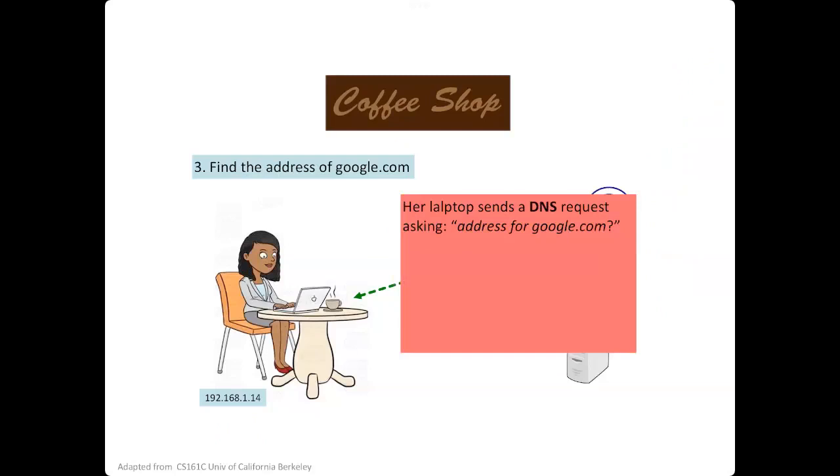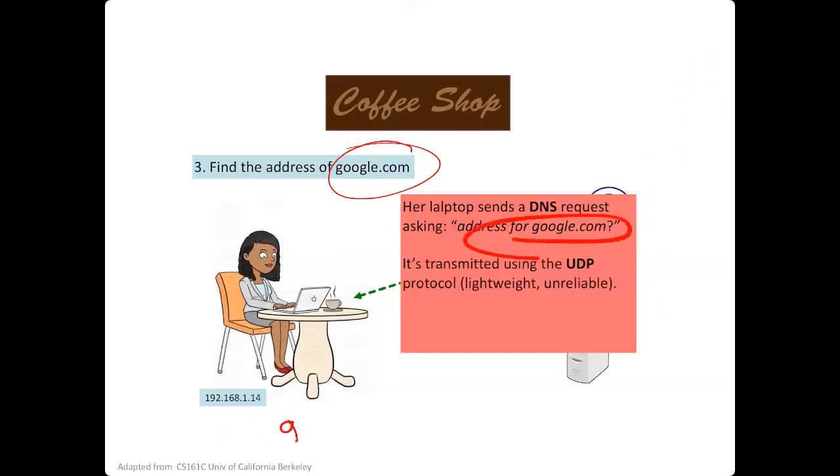Now she needs to know where google.com is. Okay, what is the address of google.com? This is transmitted over the UDP protocol. The DNS resolver might not be in the network, right? There's a possibility it is inside the network or it may not be.